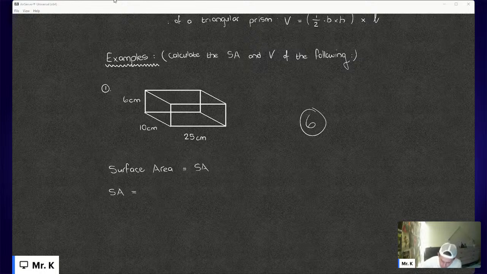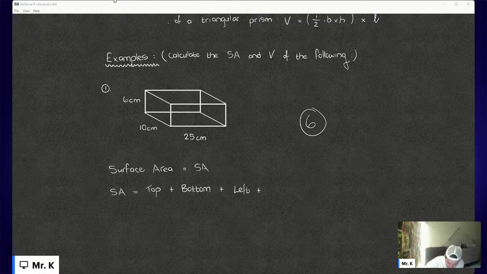So when we write out our working out, we can even include this if we wanted to and say we want the top rectangle plus the bottom rectangle. We want the left rectangle and the right rectangle. We also want the front rectangle and the back rectangle.